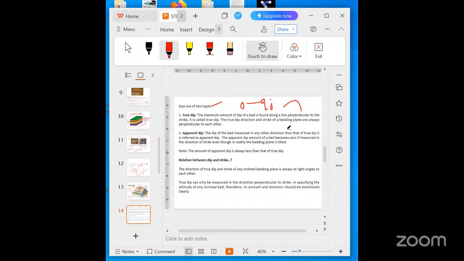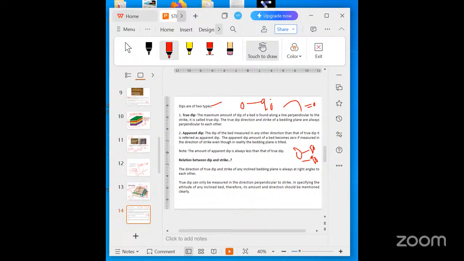A horizontal bed has an angle of dip of 0, meaning no dip. Inclined or tilted beds have an angle of dip varying between 0 and 90 degrees, and a vertical bed has a dip of 90 degrees. Dip is a vector quantity as it has both direction and amount.